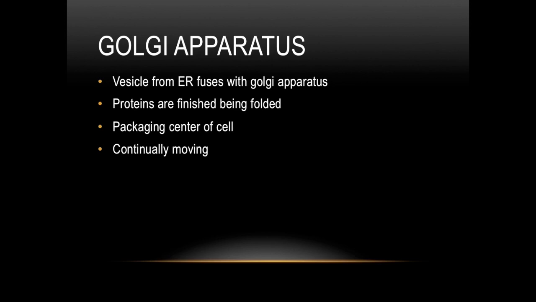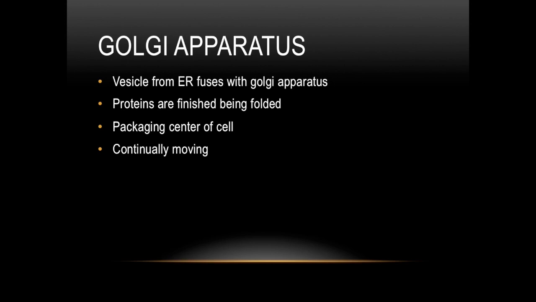It gets folded up. We're adding some sugar chains to the outside, so we're glycosylating it. So now it's a glycoprotein. Notice it moves towards the end, and this little transport vesicle buds off, pinches off. And now we have a little transport vesicle.